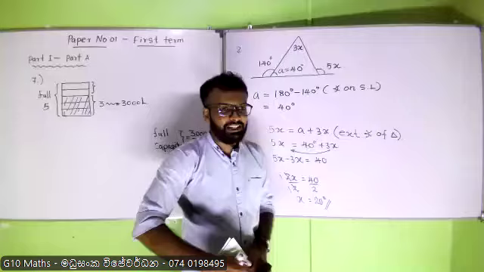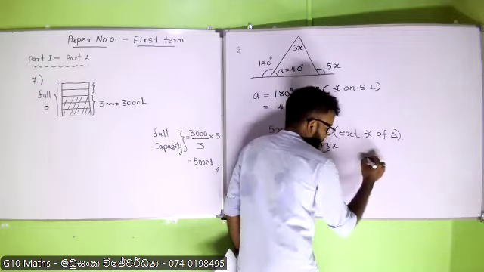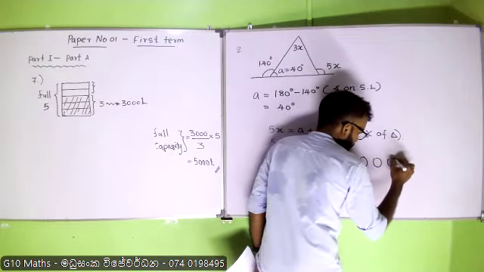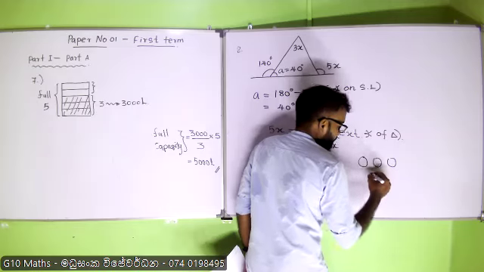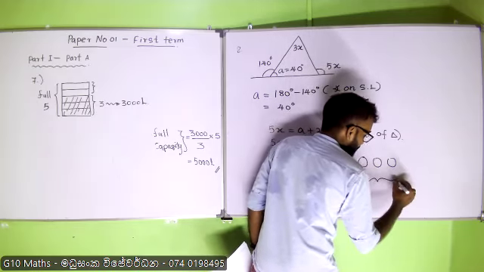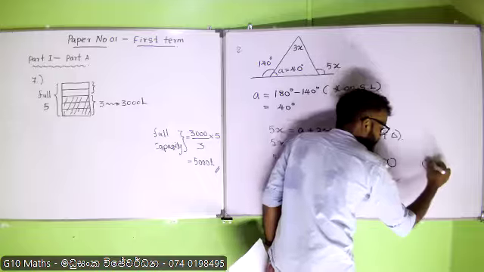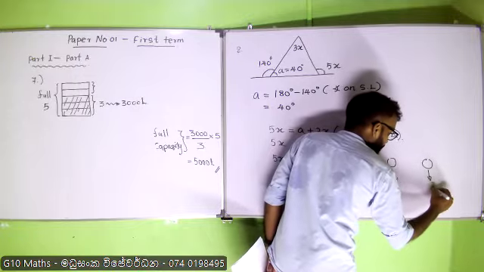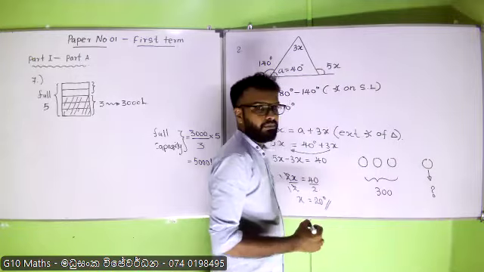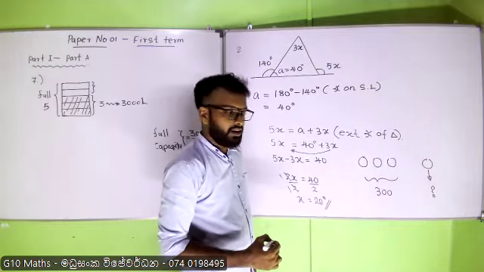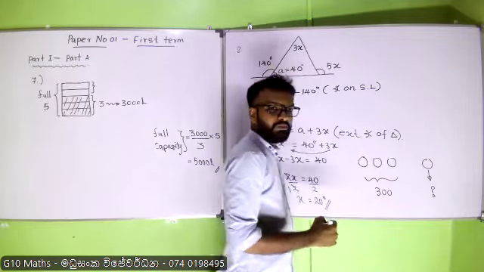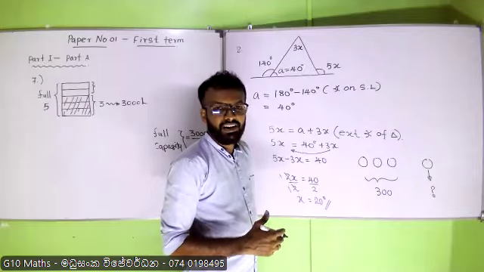Shall I draw? There are 3 balls, right? The price of these 3 balls is 300 rupees. What is the price of one ball? 100. 100, right?